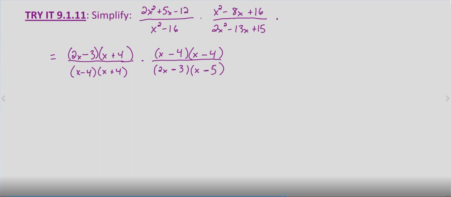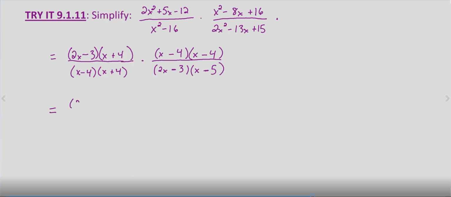Now, when we're asked to do these types of problems, it makes sense that chances are there's going to be a common factor in the numerator and denominator. So that's an indicator that we want 2x minus 3 as one of the factors, since we have 2x already and we have a 2x minus 3 in the numerator already. So now we simply multiply across the top, multiply across the bottom.